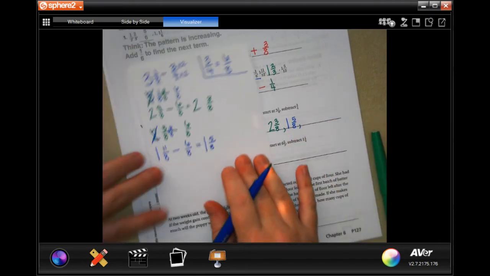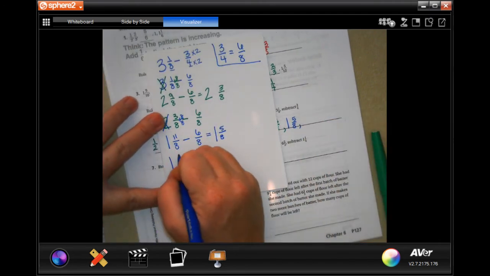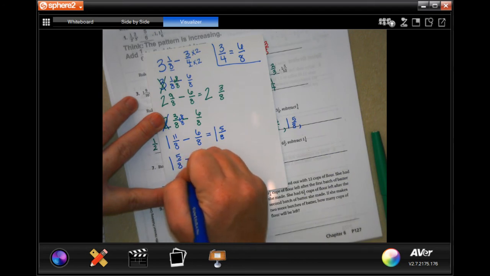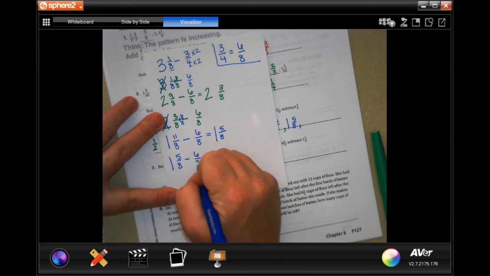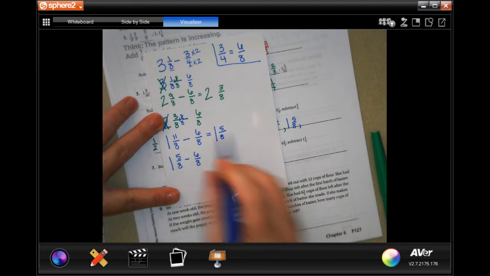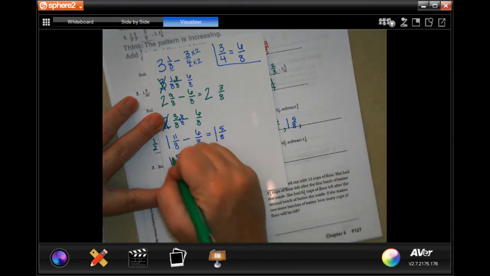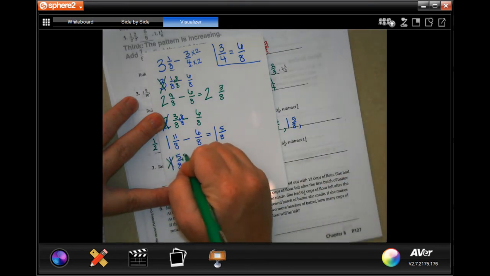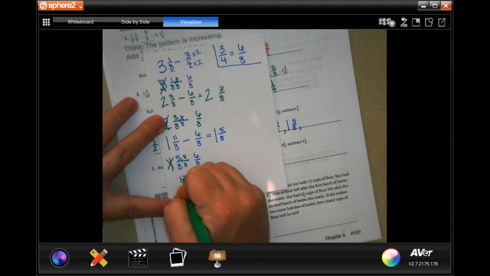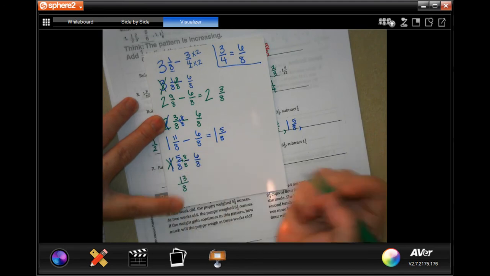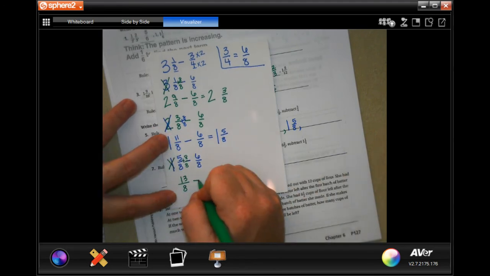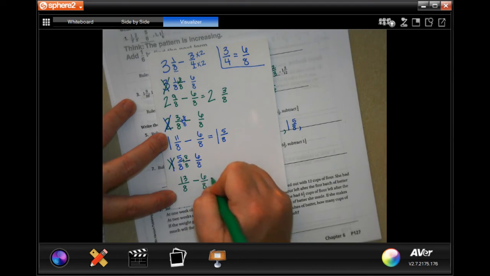Okay. I'm going to take my 1 5/8. I'm going to subtract 6/8. 5 cannot take away 6. I'm going to borrow 1. I'm going to add an 8 over 8 over here, giving me 13 over 8 minus 6 over 8.